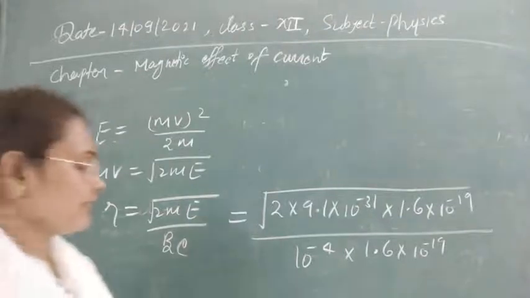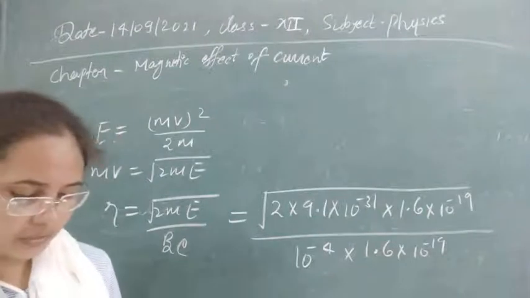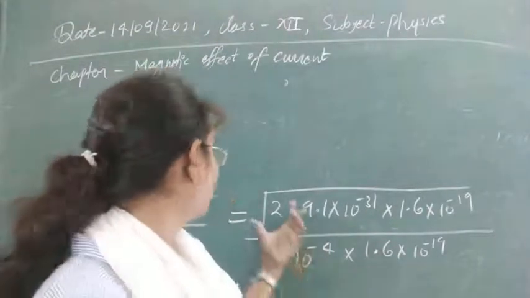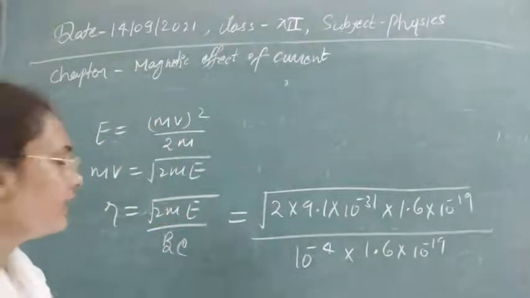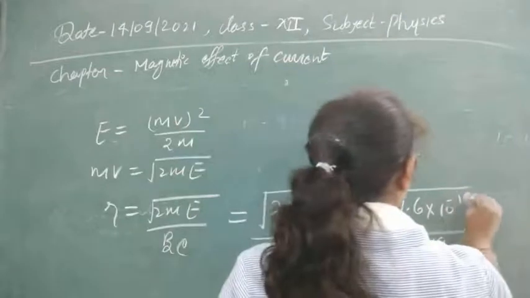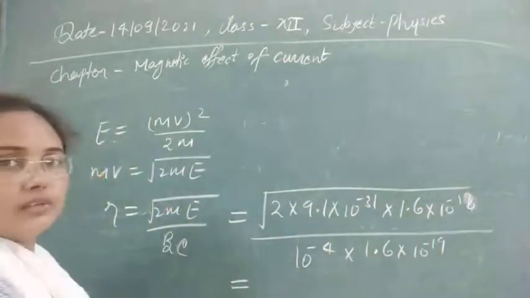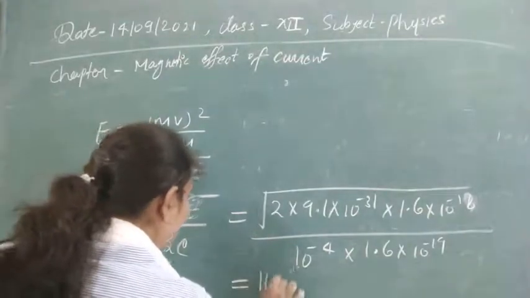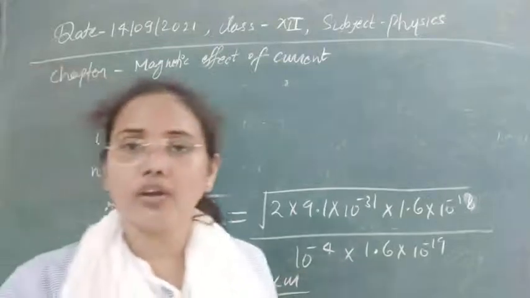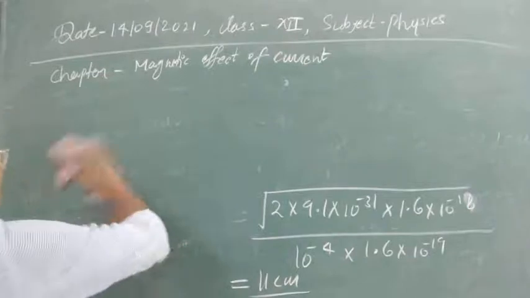If you solve, then the value of R can be calculated very easily, and R can be obtained as 11 centimeter. So this is the radius of the orbiting electron.